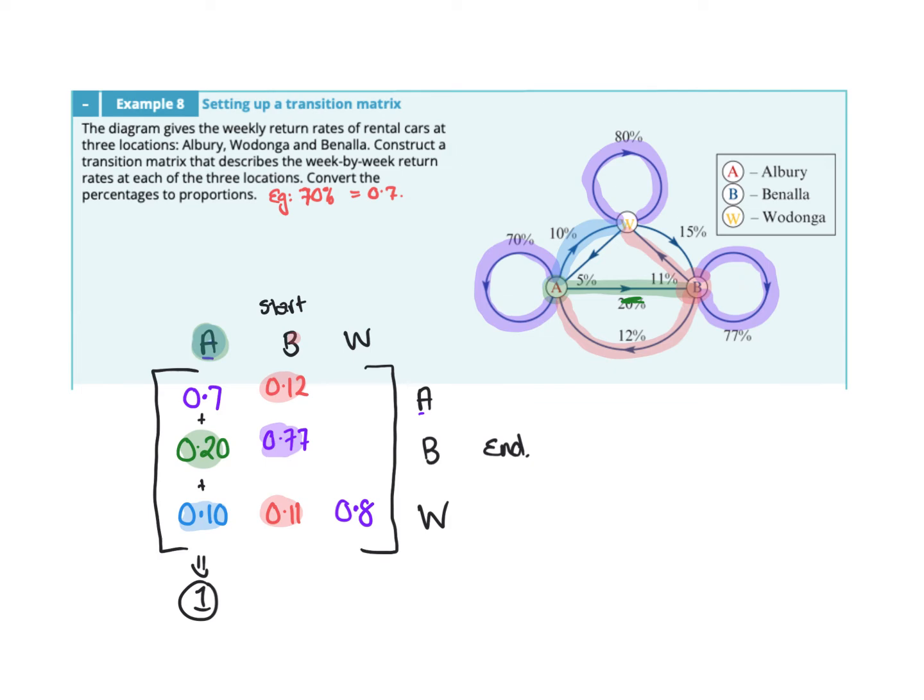I'm just going to delete all this to make it a bit easier. So I'm going to do the W one now. If I start at W and I want to go to B, that's 15%, so that'd be 0.15. And start at W and go to A, that's along there, that's 5%.